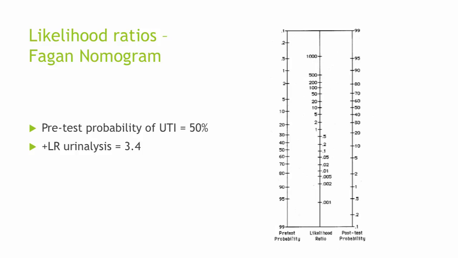The positive likelihood ratio for a urinalysis, and this is if we have a positive leukocyte esterase and a positive nitrite, is 3.4. And 3.4 is higher than 1, meaning that a positive test is likely to increase your post-test probability relative to your pretest probability. To use the Fagan nomogram, start with your pretest probability, then draw a line through the likelihood ratio, and this will lead you to your post-test probability, which in this case is 75%.